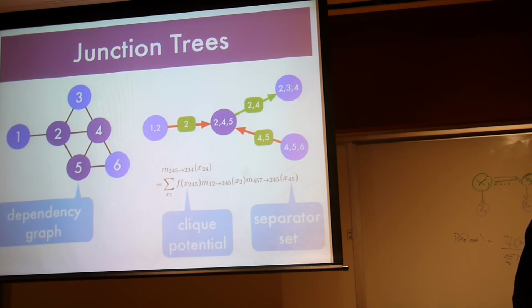Question? Two questions. One is sort of the big picture question, which I get as to junction trees. Is the whole purpose of doing this just because we can run the same sum product algorithm on a non-tree structure? Correct.